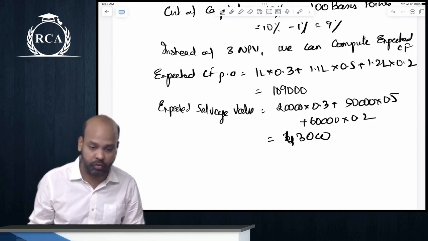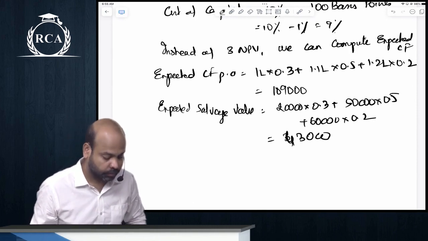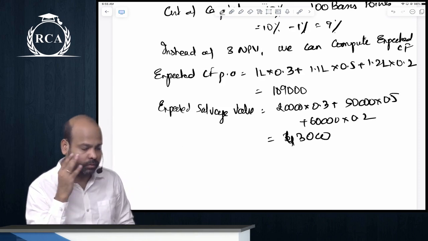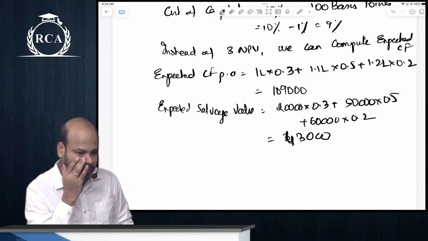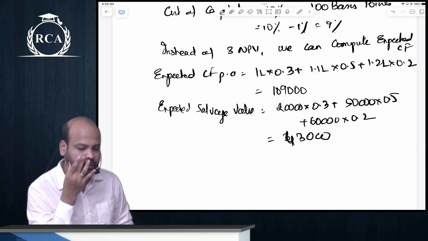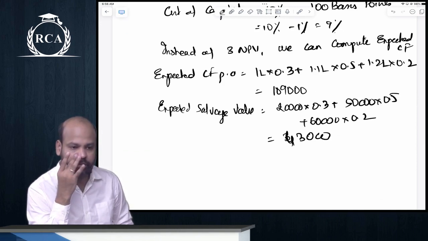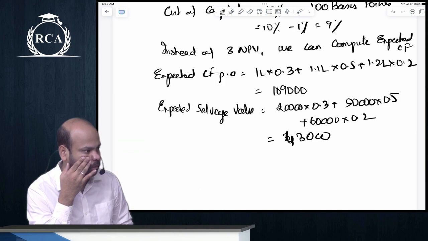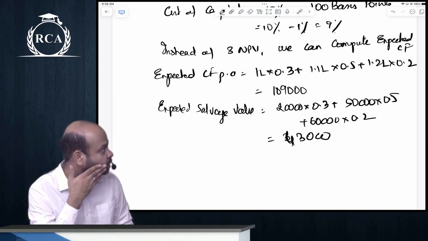Using these two figures, you're supposed to arrive at your expected NPV now. What happened, Niket? Did you get the answer?